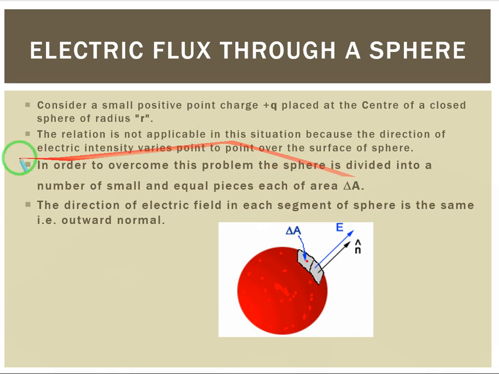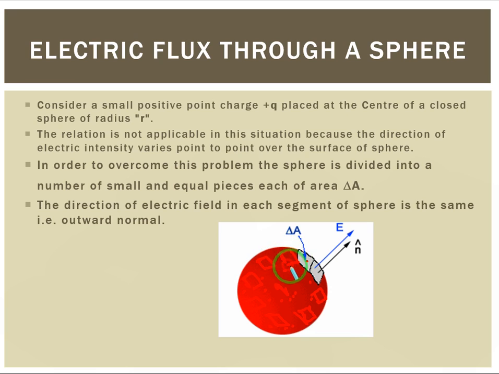So in this case, in order to overcome this problem, the sphere is divided into a number of small pieces. We are going to divide this sphere into small pieces, and at the end we will find the flux of one piece, then we will add all the flux of all the pieces.